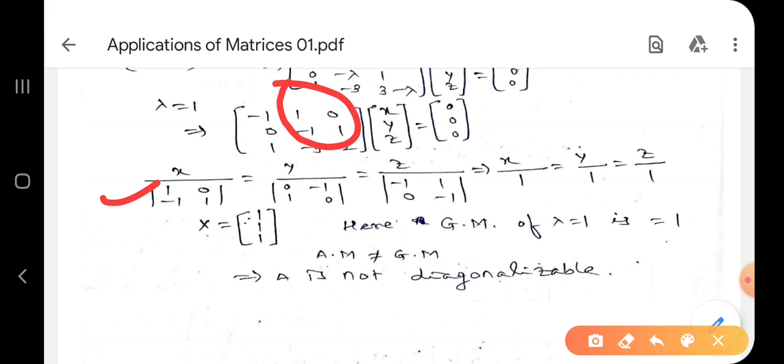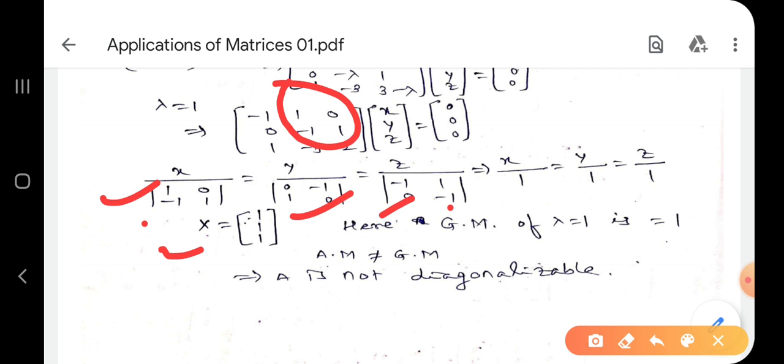But I have shown you in the videos. I take positive here, and in the denominator I change the columns. So here 0, 1 as it is and minus 1, 0. Then minus 1, 0 as it is, and write first as last, 1, minus 1. Right? So I get here x upon 1, y upon 1, z upon 1. So I get only one vector, 1, 1, 1.